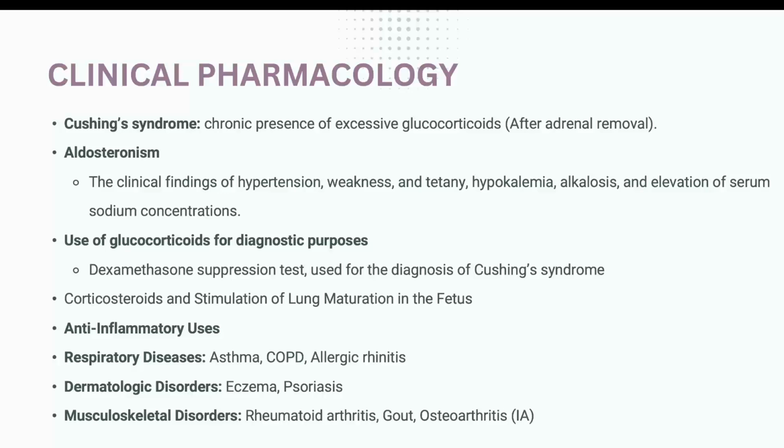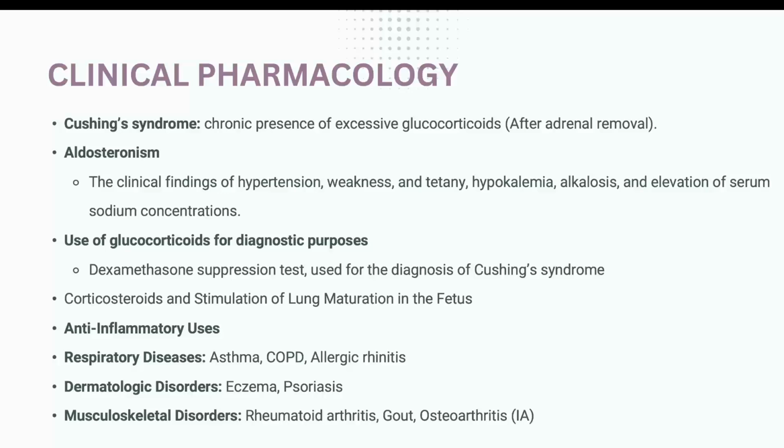In case of aldosteronism, we have a high level of aldosterone. So we give such a patient a glucocorticoid. Why? In order to induce negative feedback inhibition.